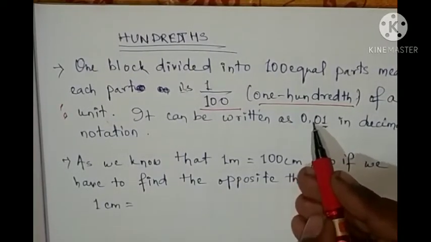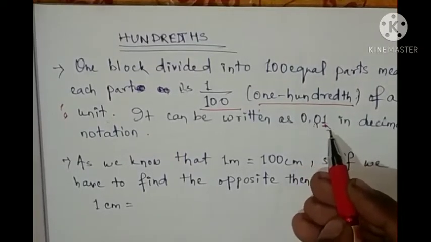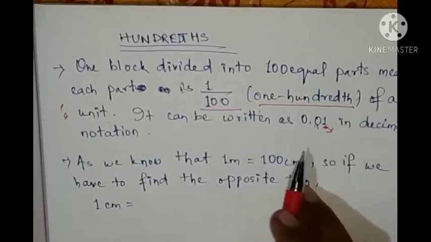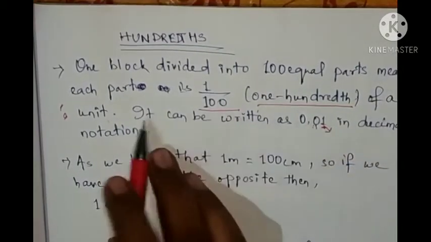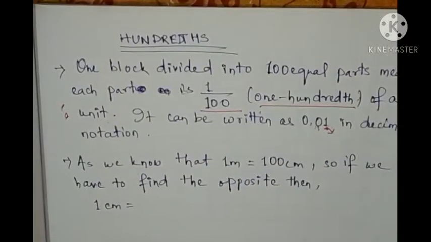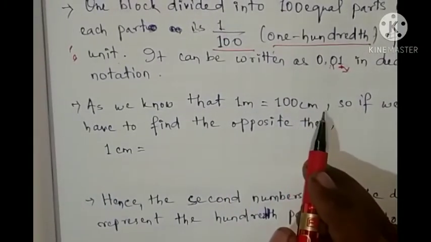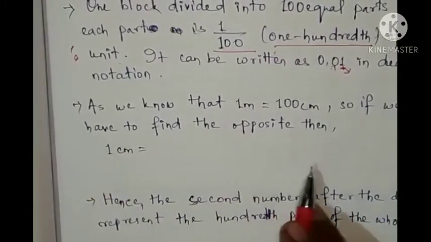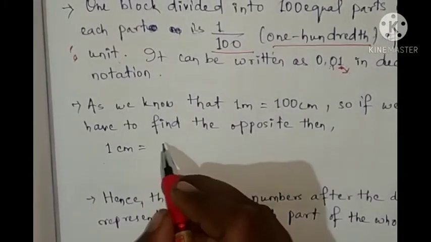After the decimal, the first digit is 1/10th, then the second digit is the 1/100th part. As we know, 1 meter equals 100 centimeters. If we find the opposite, 1 centimeter equals how much?